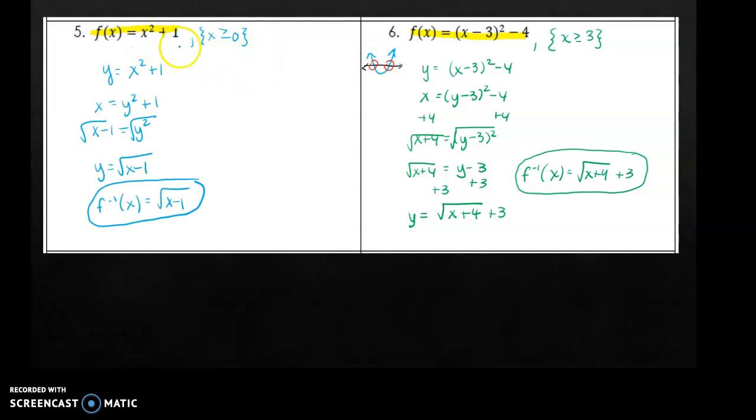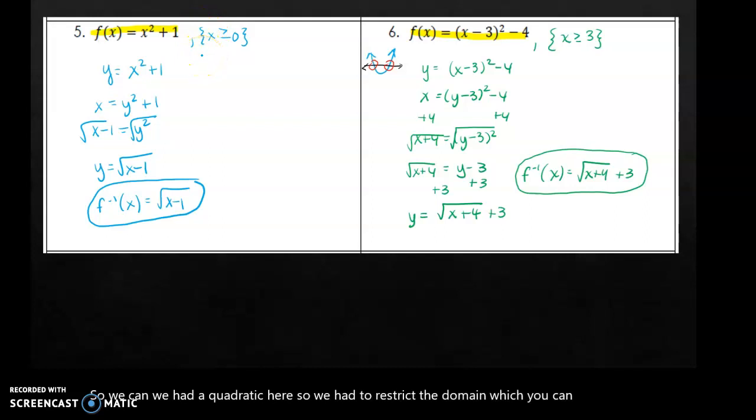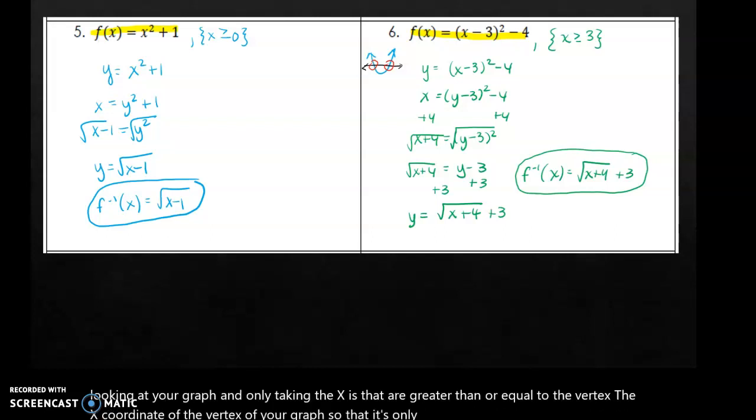So again, we had a quadratic here. So we had to restrict the domain, which you can find by looking at your graph and only taking the x's that are greater than or equal to the x coordinate of the vertex of your graph, so that it's only the right side of your graph.